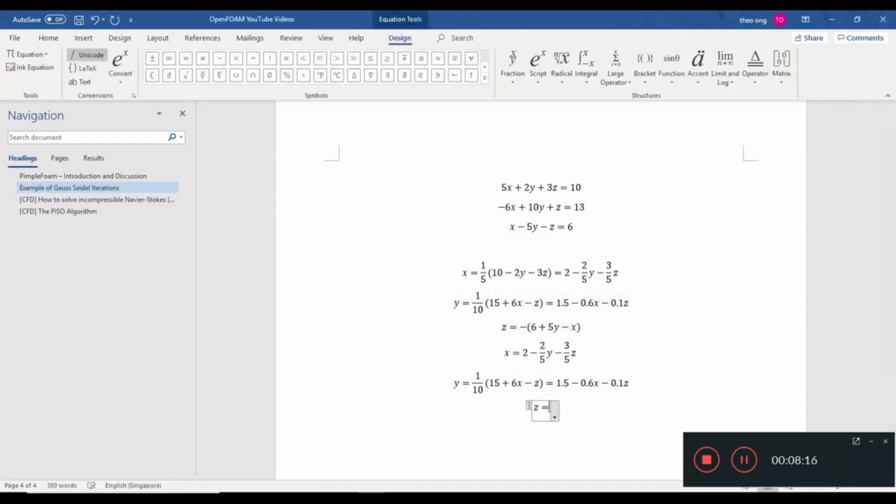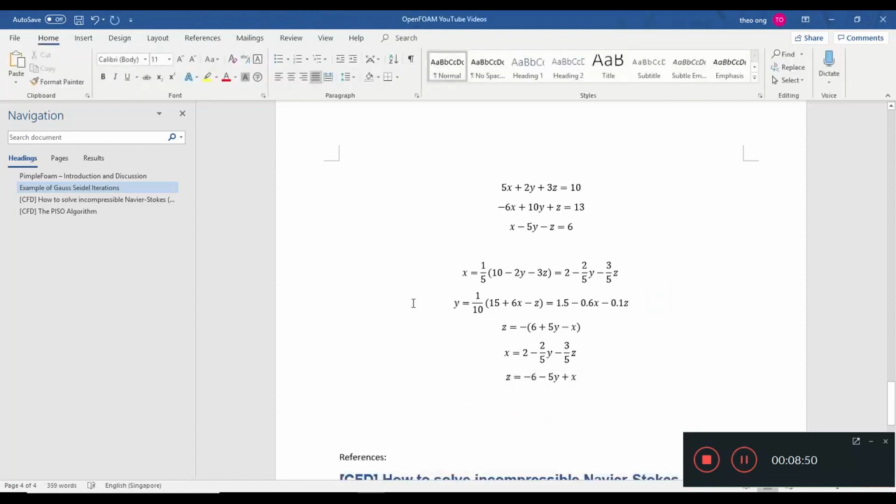You'll get z equals minus 6 minus 5y, and the last one is plus x. So x minus 5y minus 6, that will give you z. So this will be our system of equations we want to use to guess.